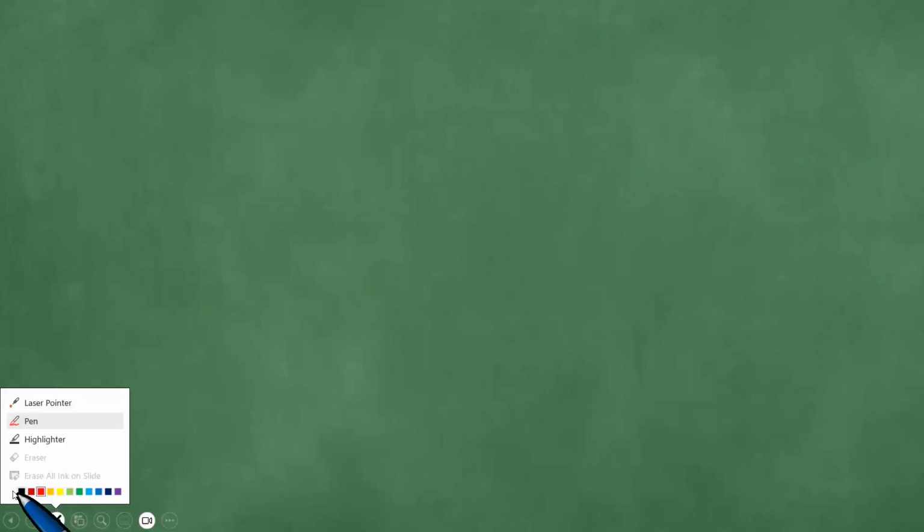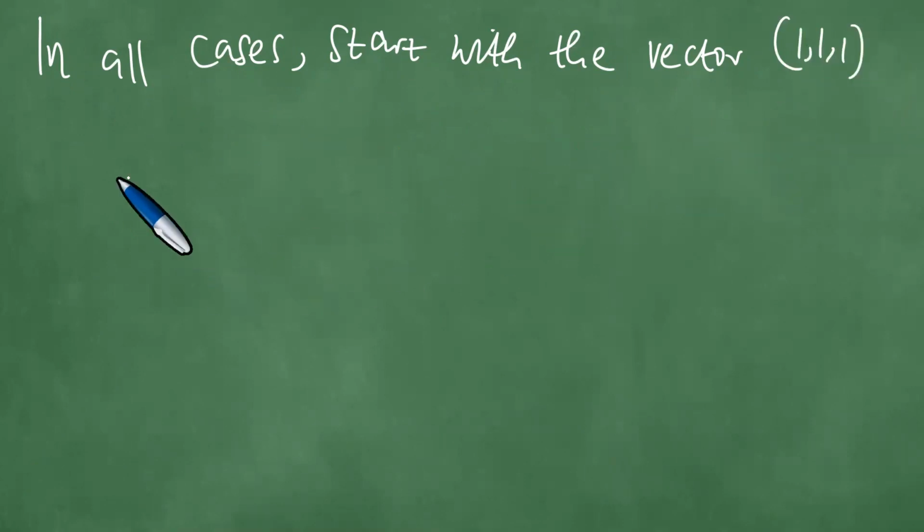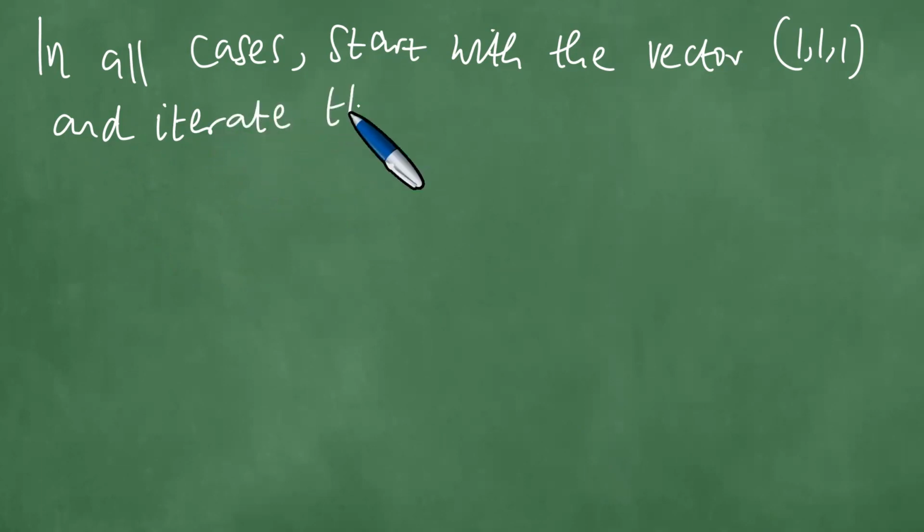Right, in all cases, start with the vector 1, 1, 1, and perform and iterate 3 times.